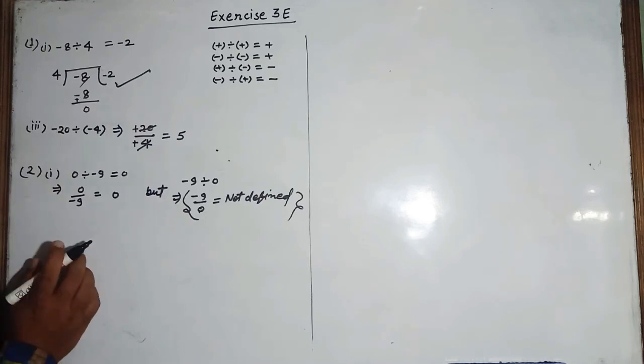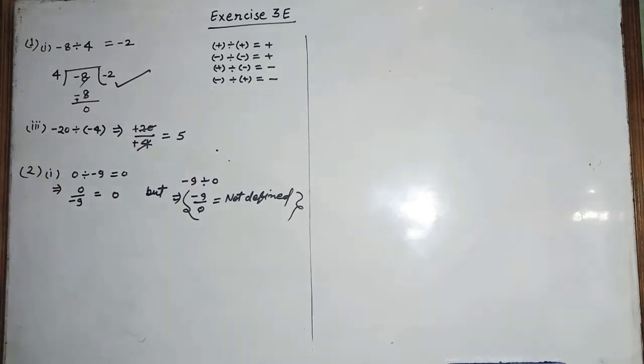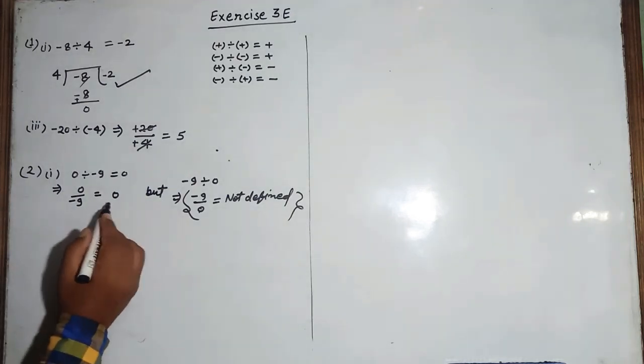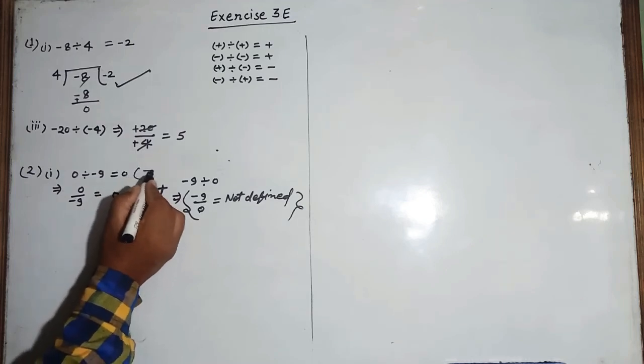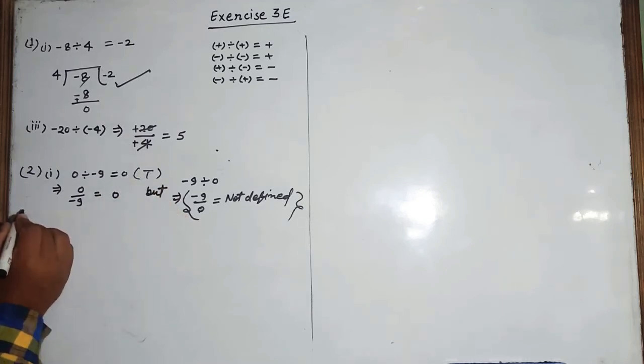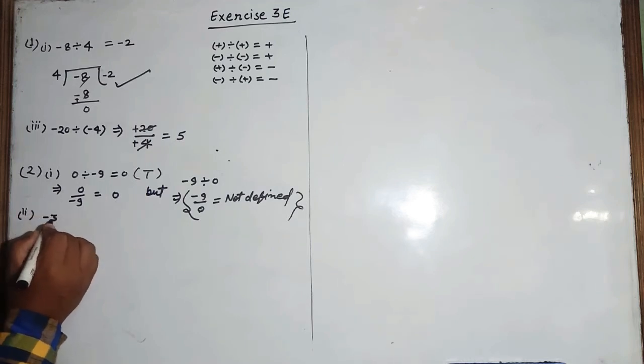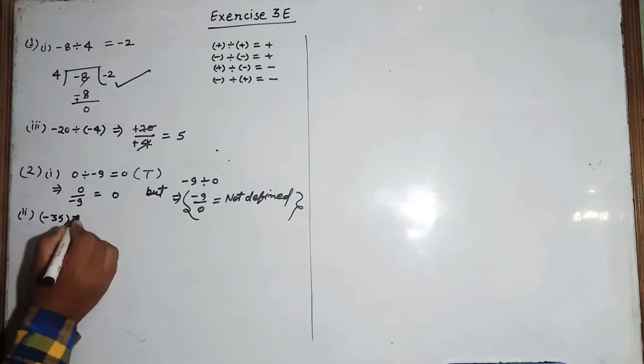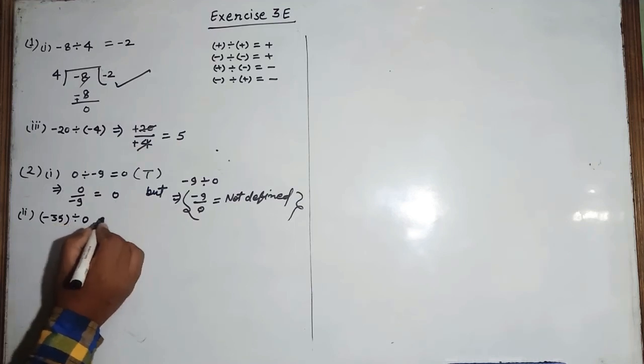Now one more part I will do here. So what is the question? That is: write true or false for the following statements. For this it will be 0, so it will be true. Now the second part is -35 divided by 0 is equal to 0.